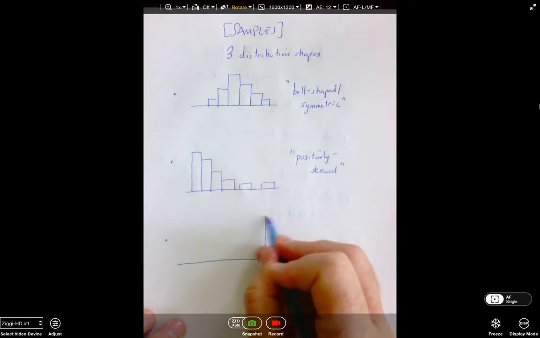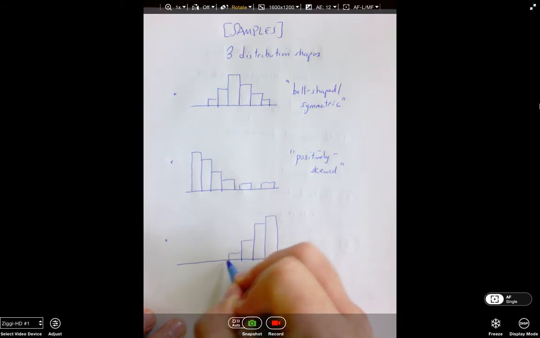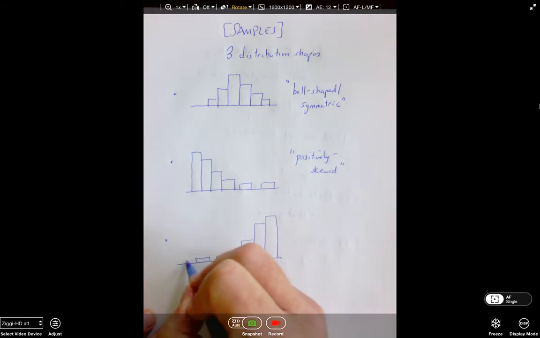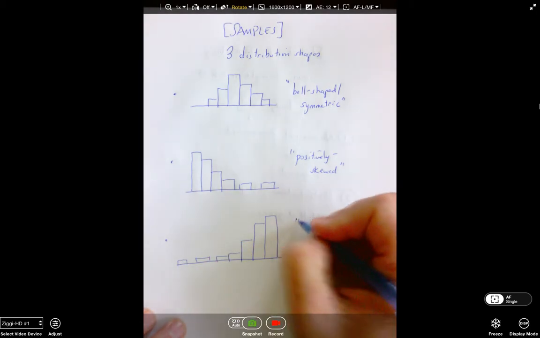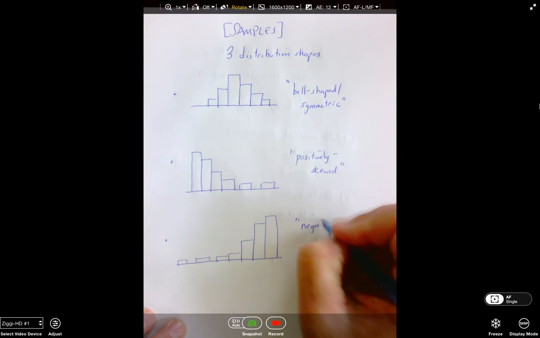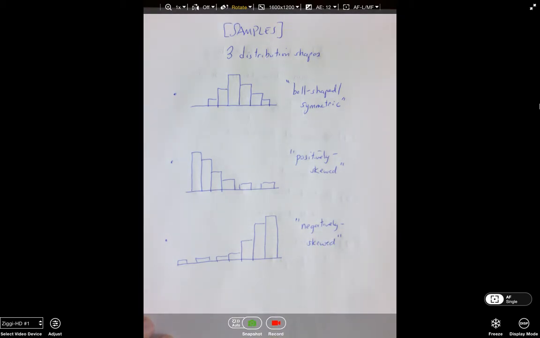Another distribution shape that we run into in this class is something that looks like this. What do you think that we call this distribution? We call this negatively skewed.